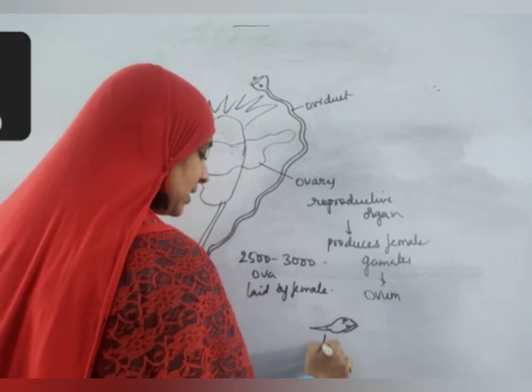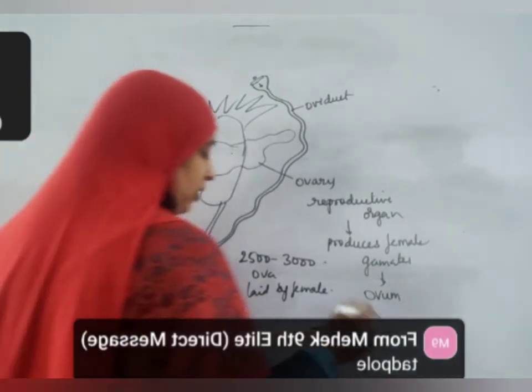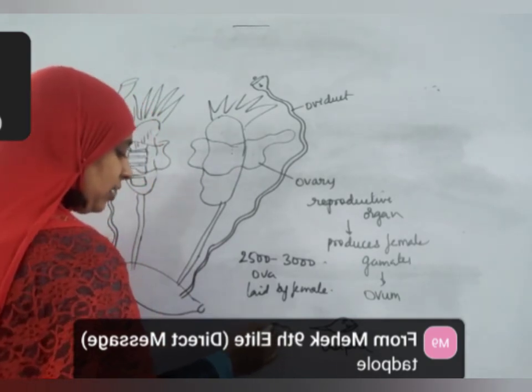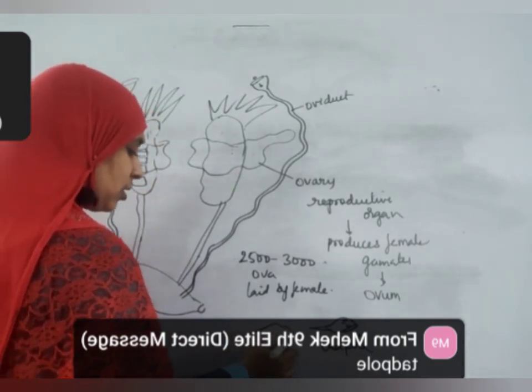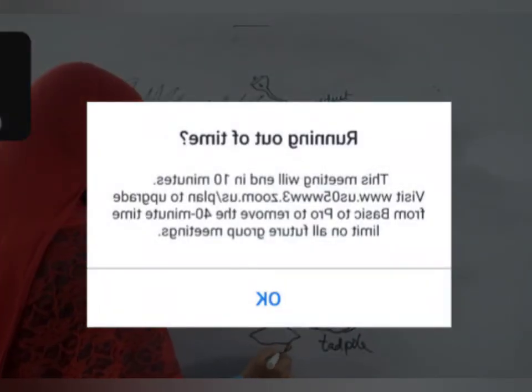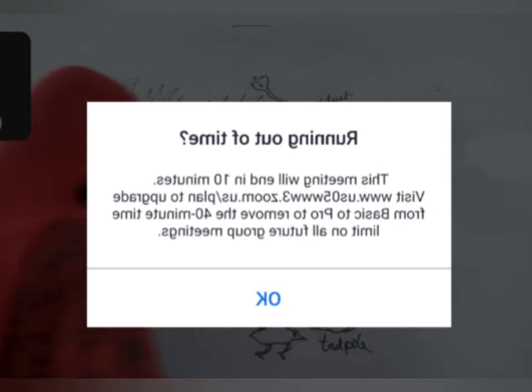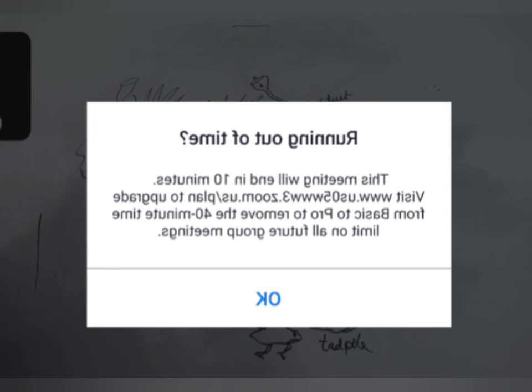This structure is called a tadpole. The tadpole undergoes many changes, like the tail will reduce, and it slowly forms leg-like structures. Finally, it develops to form a frog.